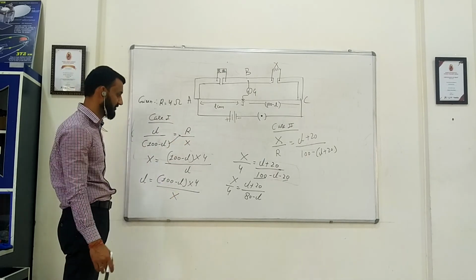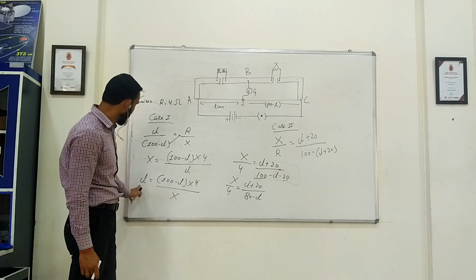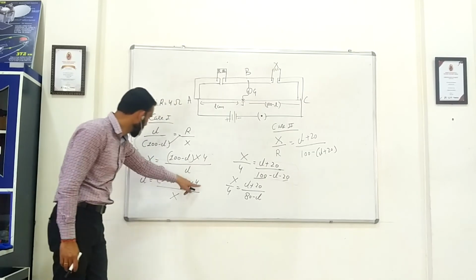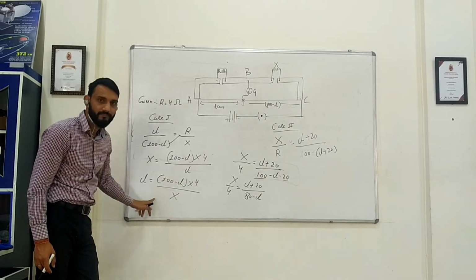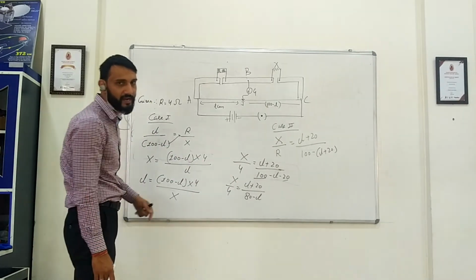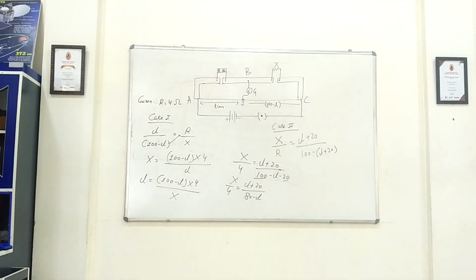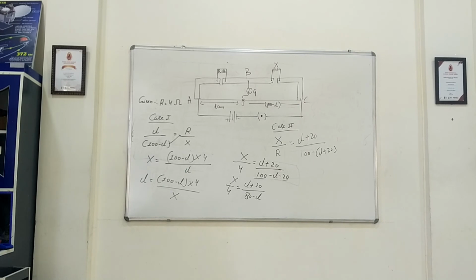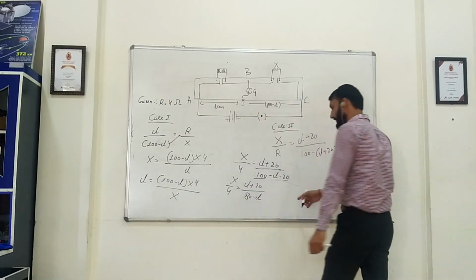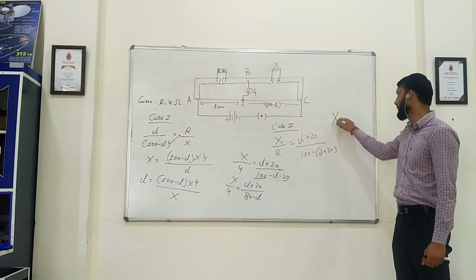That is not an issue. In place of this L, I could use this value, which will come in terms of X, and then I can solve it. I hope you people would be able to do this and calculate the value of X. I'll just tell you the answer, the rest you people can do. X would be 6 ohm.